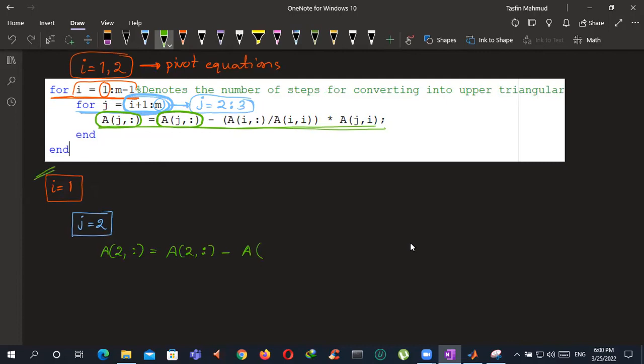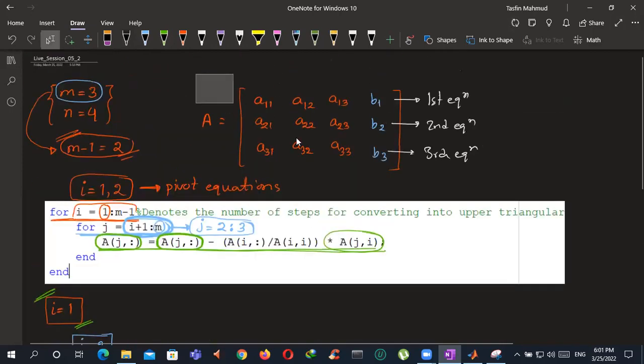The value of i is 1 now, so 1 comma colon. And we are dividing it by a i, so I'm giving a multiplying sign. We are dividing it by a 1 1, since the value of i is 1, and multiplying it by a j i, the value of which is a 2 comma 1. With this, I am considering the augmented matrix side by side.